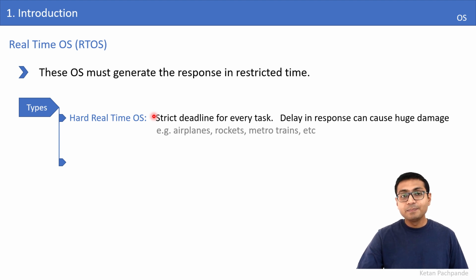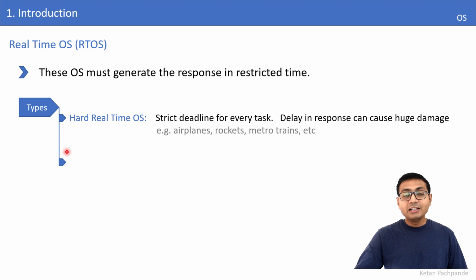If the task runs beyond the expected time, then there is a chance of much damage to the data or process. For example, in aeroplanes, rockets, metro trains, even a small error or delay in response of some execution can cause huge damage. So that's why those are called hard real-time operating systems.